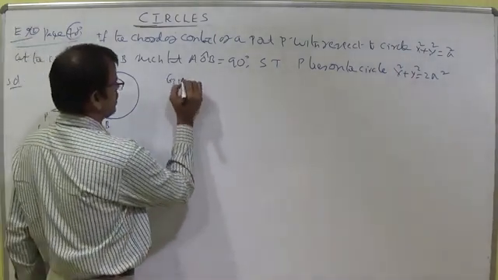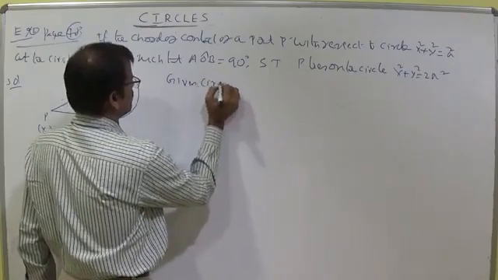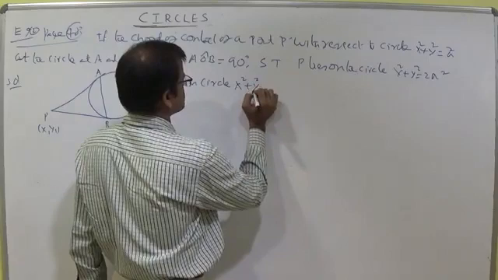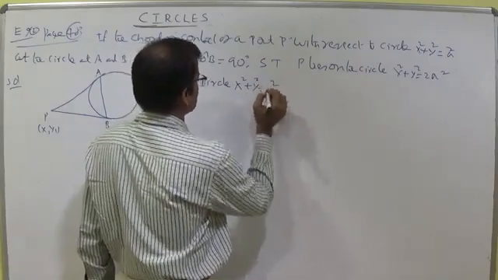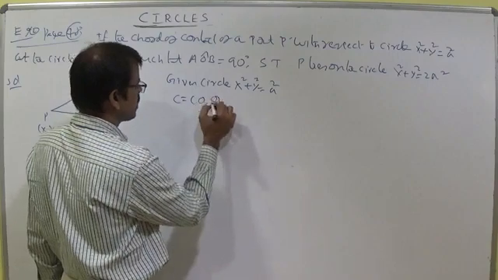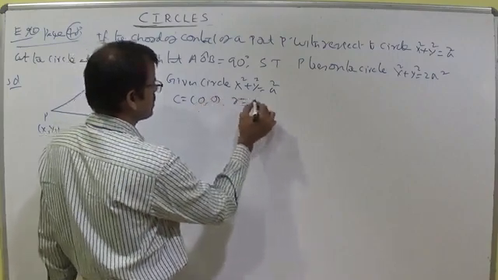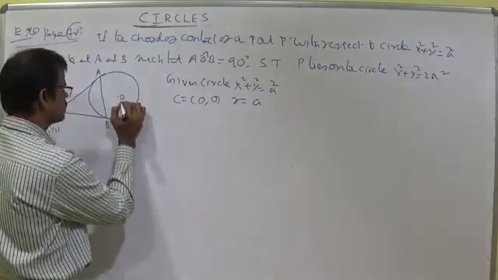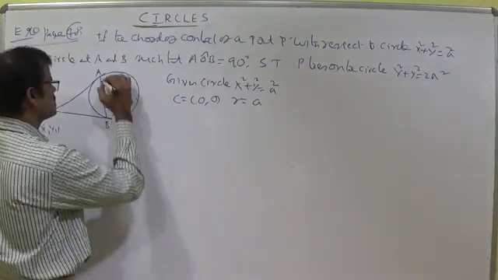The given circle is x square plus y square is equal to a square. So the center C is nothing but the origin, which he mentioned as O. Put here this is O. So O means 0, 0.